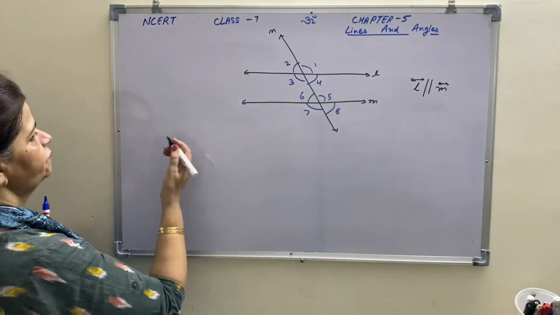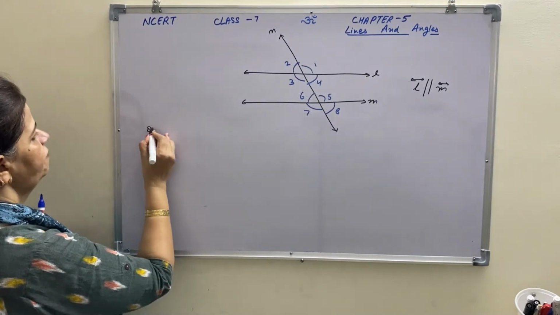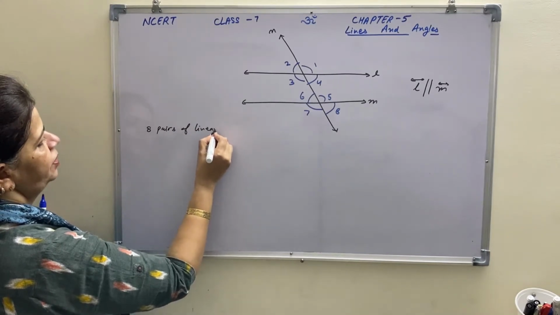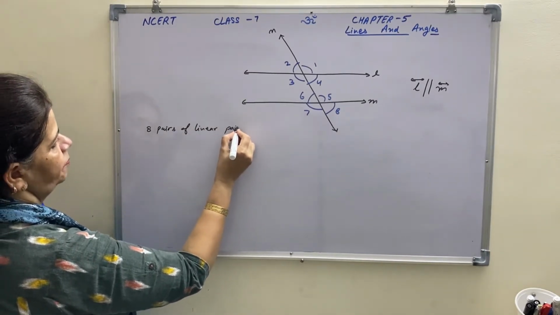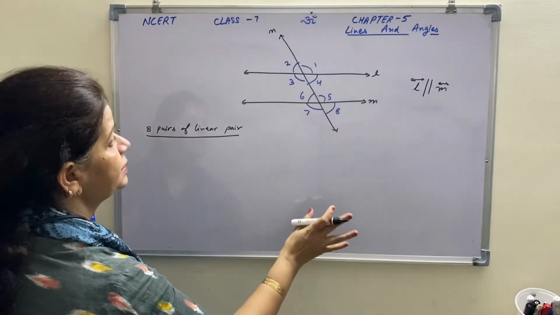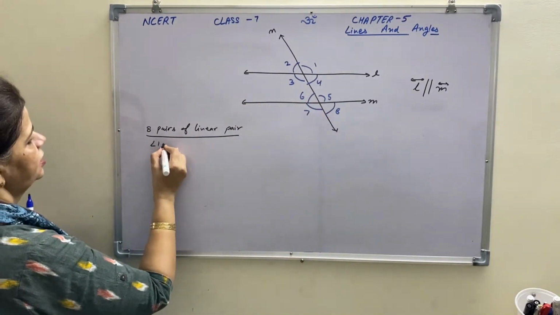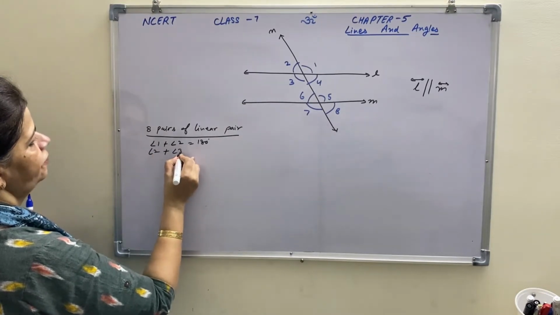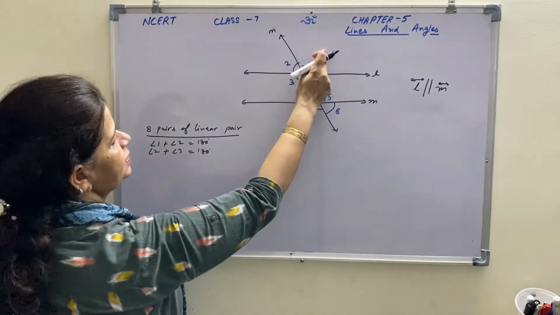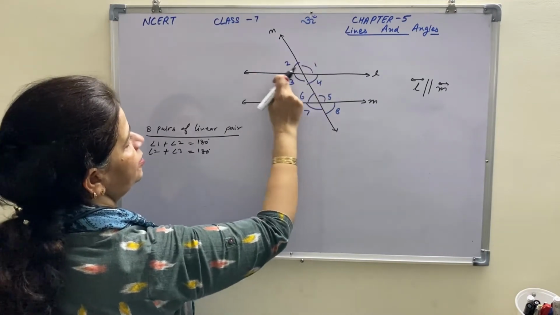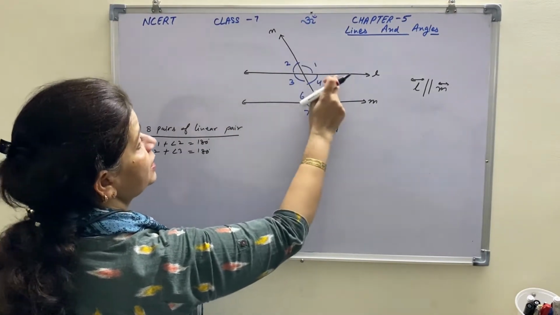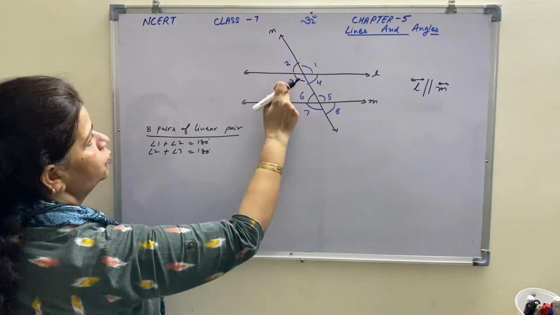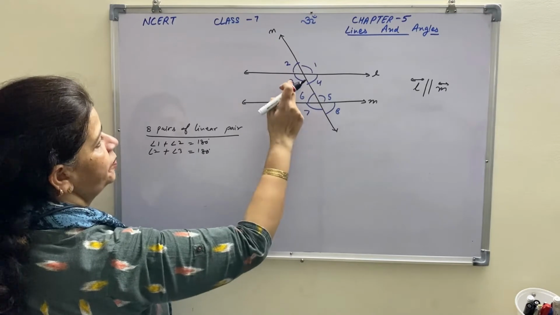Number one, as we discussed earlier, here we have 8 pairs of linear pairs. Linear pairs don't change, whether the lines are parallel or not, it remains the same. As we did earlier, 1 plus 2 is 180, 2 plus 3 is 180. Linear pair means the sum of two angles is 180 and they also make a straight line. 1 and 2 make a straight line, they are a linear pair. 2 and 3 make a straight line, they are a linear pair.